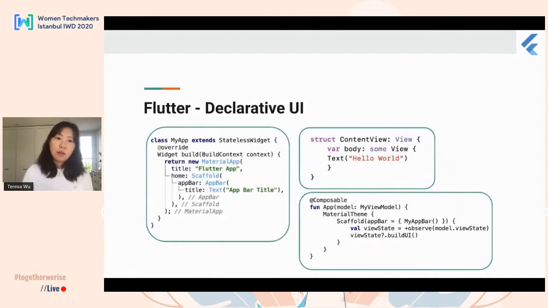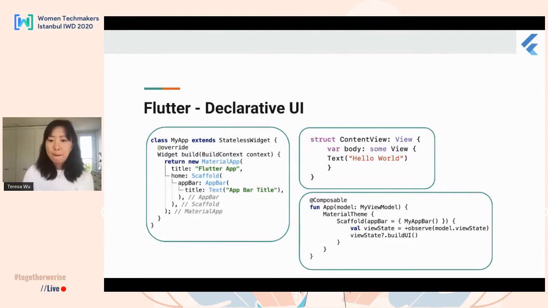With the declarative UI approach, you use code to describe how the view looks, rather than coding the steps to rebuild it. It's very different from Android. If you want to change the look of a text view, for example, in Android, you need to call set text, set a color.